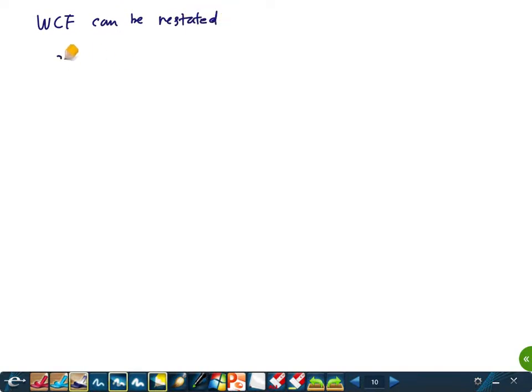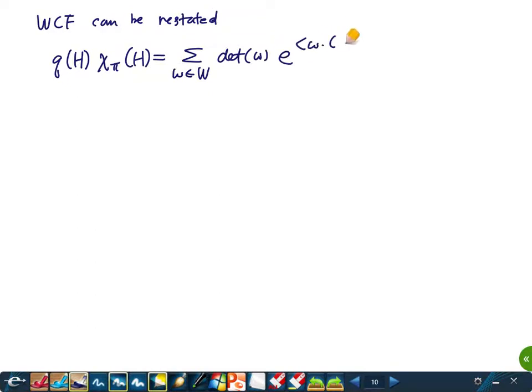in this way. So Q(H) chi_pi(H) is equal to the summation of determinant e to the W(mu plus delta)(H), right? I just rewrote that. Or, let me rewrite this. This is a sum, exactly like this, except we have no mu, right? That's the Weyl denominator.